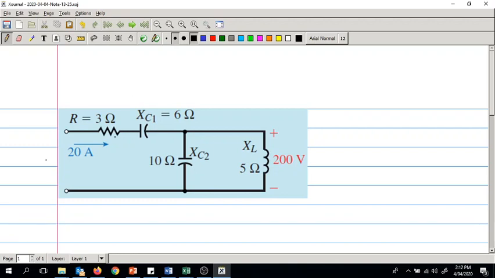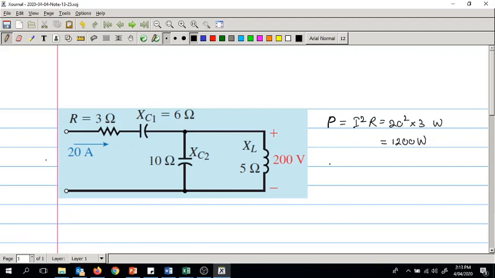So for the resistor we have, let's say, P. We know that the current is 20 amperes, so we can write I squared R, which is equal to 20 squared into 3, that is in watts. So that is 1200 watts.